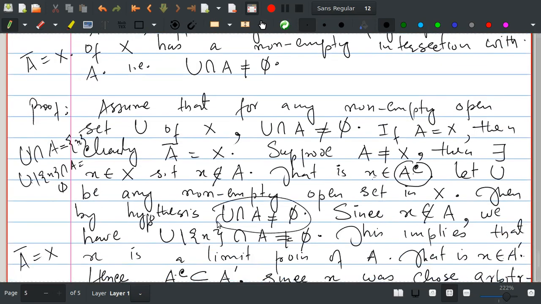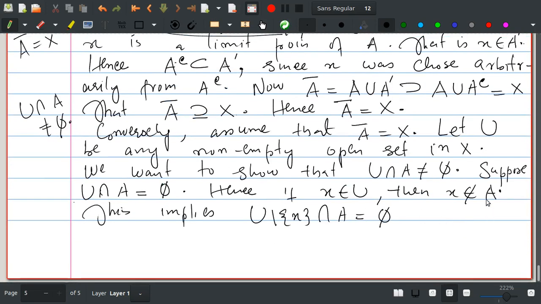So this means x cannot be a limit point of A, because we are able to find an open set U for which this intersection is empty.